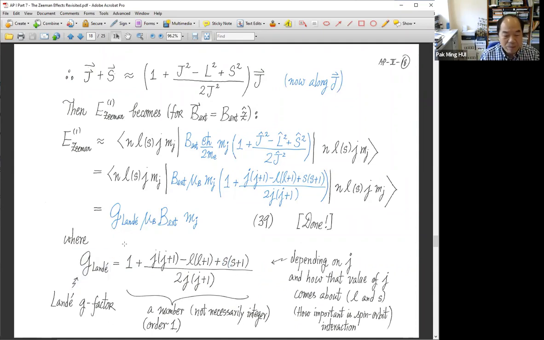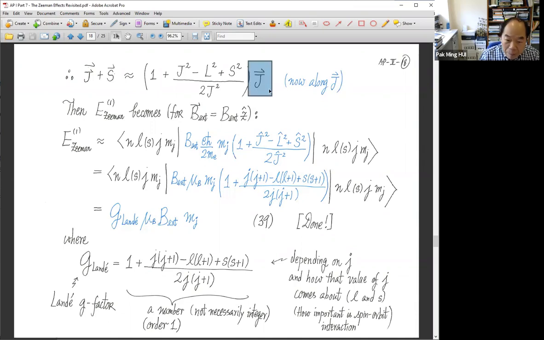So let me summarize. Weak field case, spin orbit interaction required us to use this labeling. The Zeeman term turns out to be slightly troublesome. We need to make one further approximation, more than just first order perturbation, but one further approximation of this extra term in the perturbation term, this S. We take the projection onto J, then everything goes very nicely.